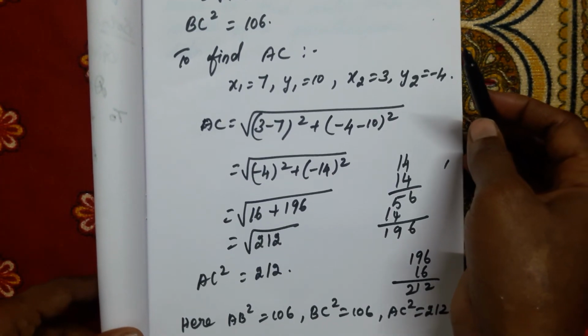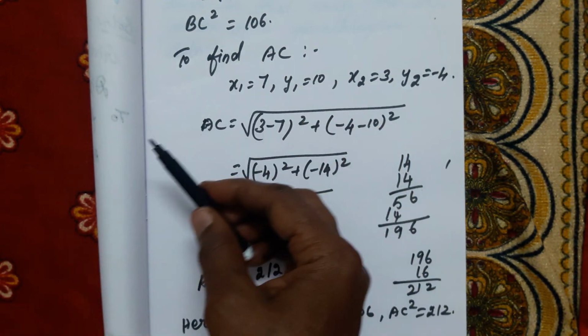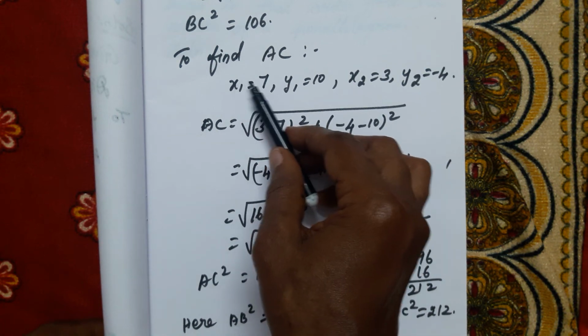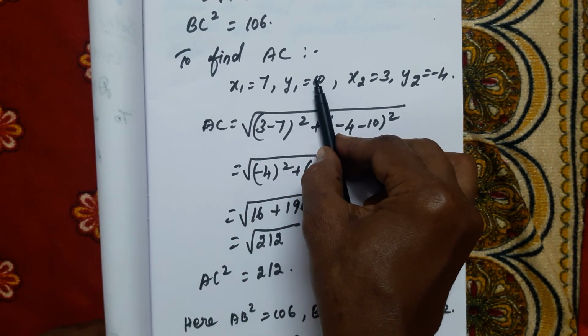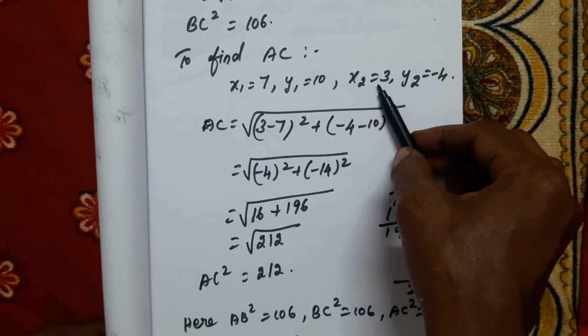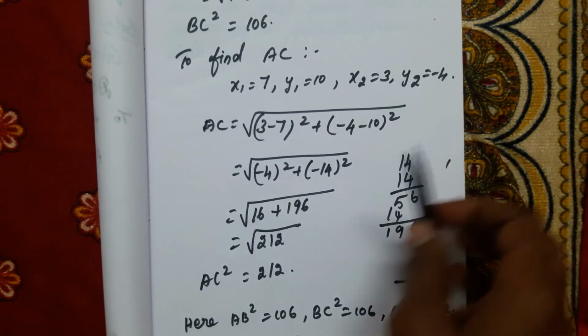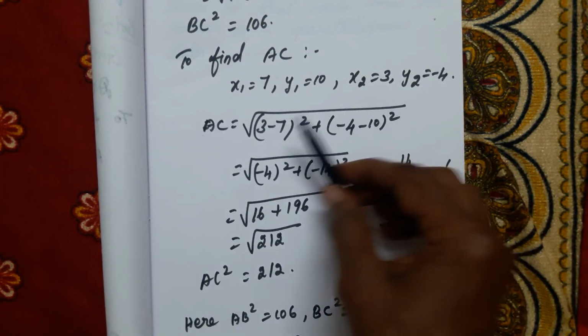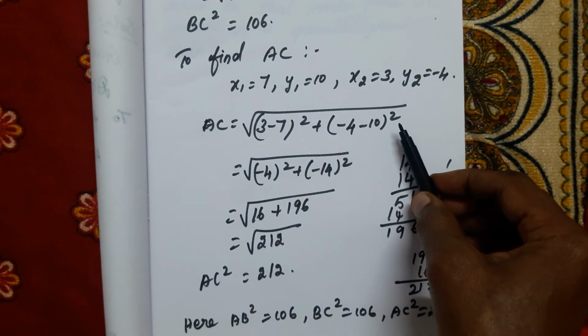Then we want to find out AC. A point is 7 comma 10. So x1 is equal to 7, y1 is equal to 10. C point is 3 comma minus 4. x2 is equal to 3, y2 is equal to minus 4. So AC is equal to root of (3 minus 7) the whole square plus (minus 4 minus 10) the whole square.